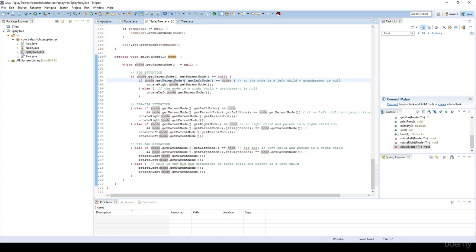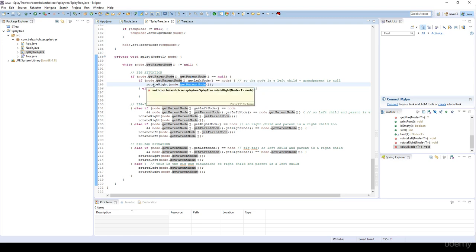So if the node.getParent.getLeft node is equal to the node, what does it mean? That this given node is the left child of the root node. So we have to make a right rotation on the root node. The node's getParent node is the root node, because we know that the grandparent is null, so the getParent has to be the root node.